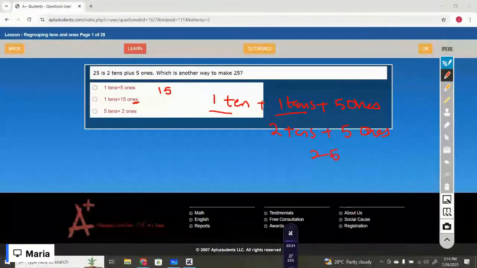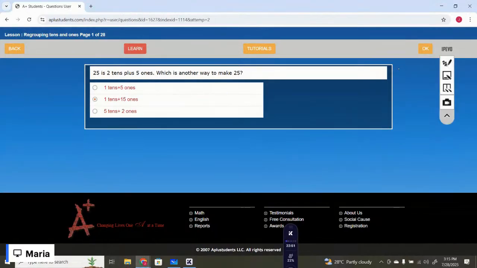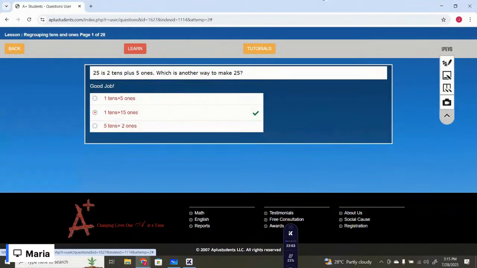So this is another way to write 25. So the correct option is option number 2, that is 1 ten and 15 ones.